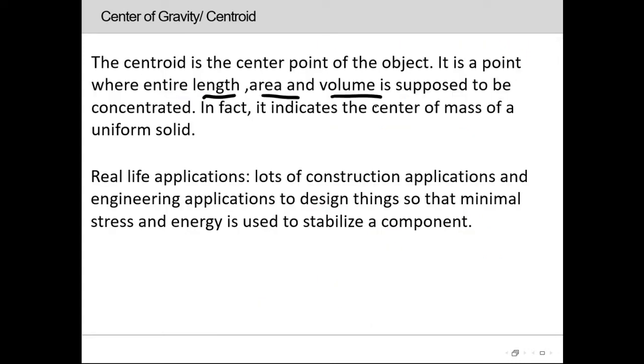Before going to the examples, when we are asked to locate the centroid of a rectangular object, we can easily locate that.